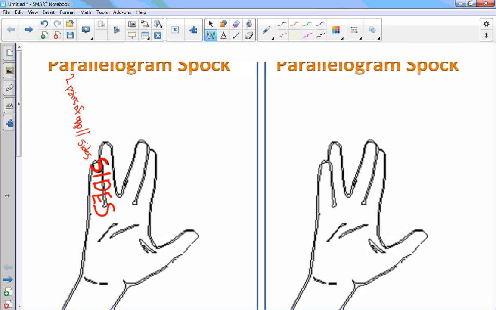Top and bottom are parallel, right and left are parallel. And we have two pairs of opposite congruent sides. Top and bottom are also congruent, and right and left are also congruent, as well as being parallel. So two pairs of opposite congruent sides and two pairs of opposite parallel sides. Okay, now there are two things about angles. The other two fingers write angles.